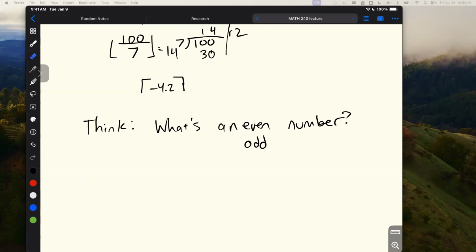All right, what's an even number? Let's share now. What's an even number? What are some examples of even numbers? This is the duh part of the semester.